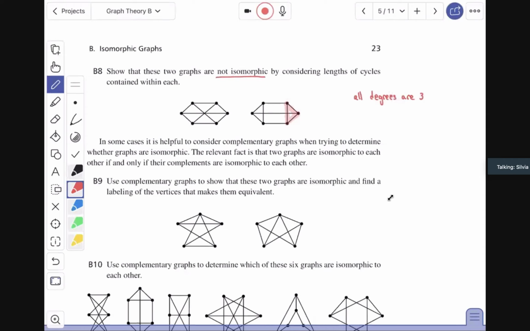So to prove that they're not isomorphic, you need to find something that they don't have in common. And what they don't have in common in this case is this one has C3 as a subgraph, and this one doesn't have C3 as a subgraph.